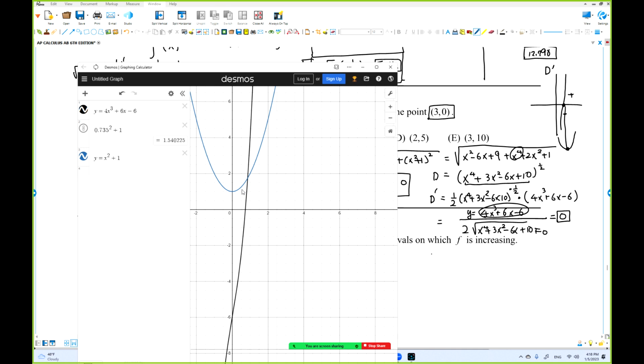The nearest point, right? The nearest distance, the point is, how can I have this one? I'm going to find 0.735 and 1.540 here, right?